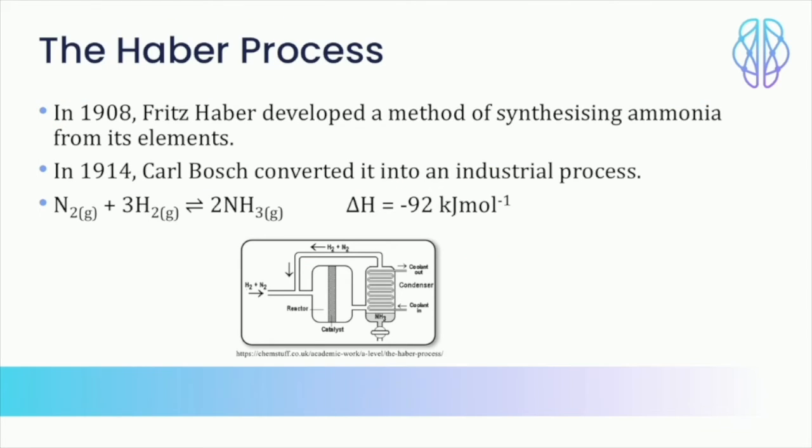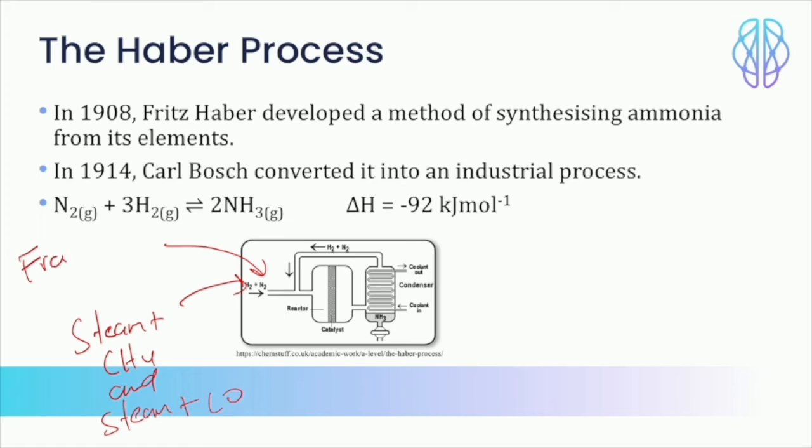So now we'll pull all of this together. We have hydrogen that we've made through steam plus methane, and steam plus carbon monoxide that is a byproduct of the reaction with steam and methane. We have our nitrogen that we've sourced from fractional distillation, so I'll put fractional distillation from atmosphere.